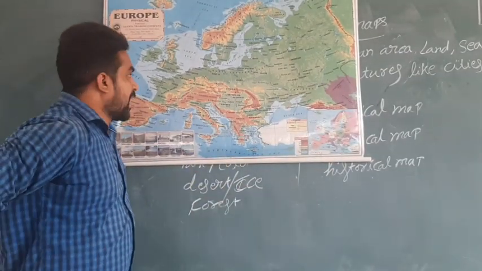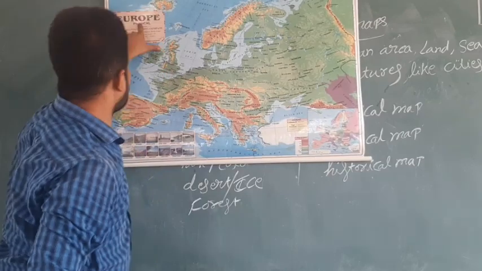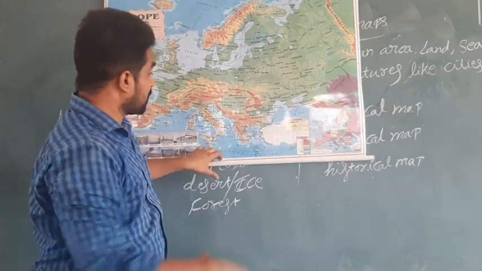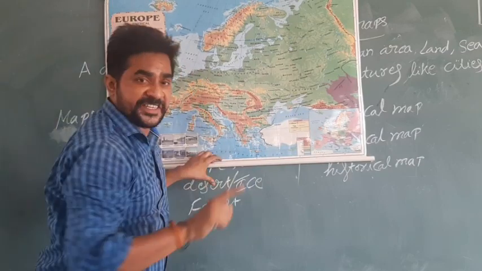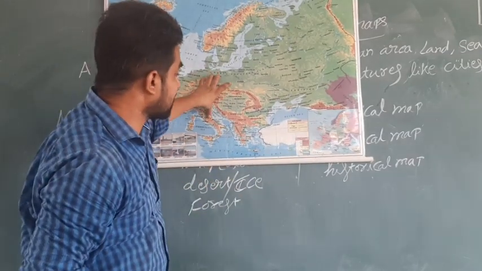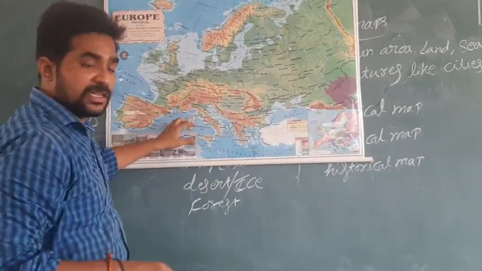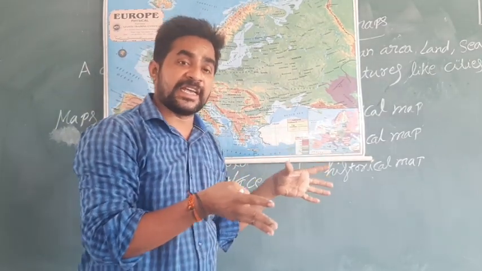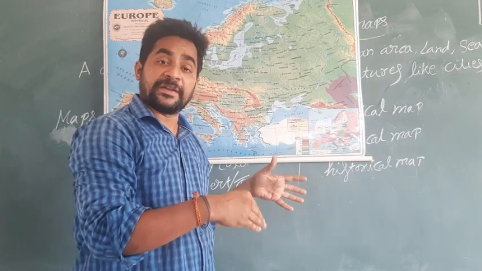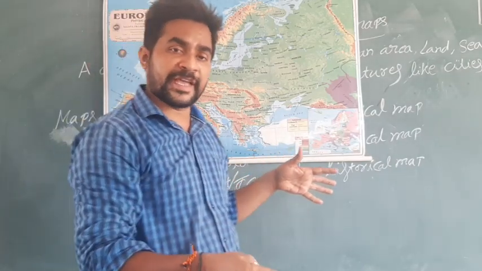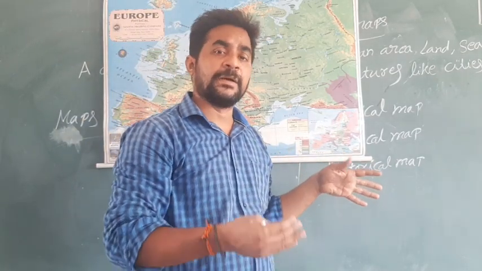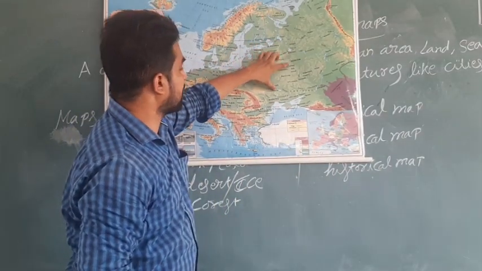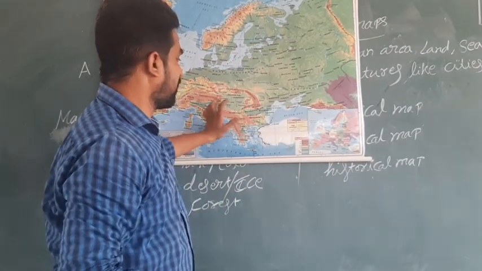Observe this map. This is called a physical map. This is the Europe physical map. By seeing this, we can understand how Europe is covered with sea area, rivers, mountains, plains, plateaus. If you observe here, we find green areas and some different types of colors.